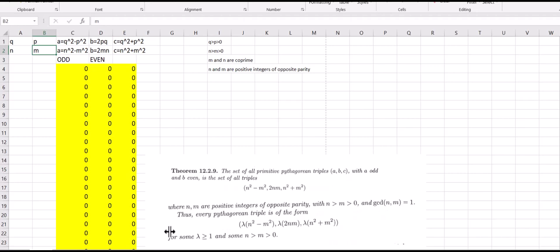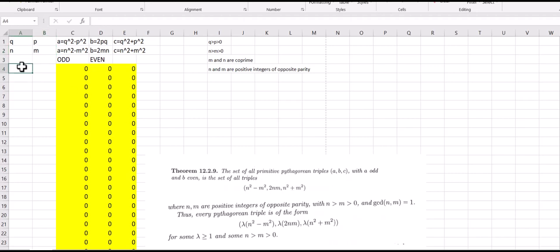Since we are only interested here in generating primitive Pythagorean triples, we shall follow the conditions set forth in this theorem. If you want to generate other Pythagorean triples that are non-primitive, then you may use this formula given. Lambda is introduced as a multiplier to each of those values for A, B, and C.